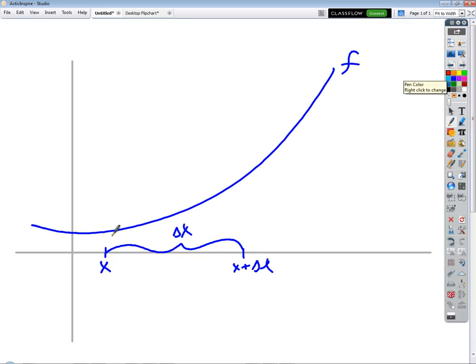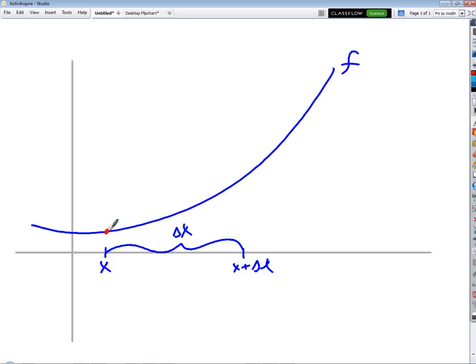What are the coordinates of that point? x, and the function is f, so f of x. Good. And what about this point right here? x plus delta x, and then f of x plus delta x, right?